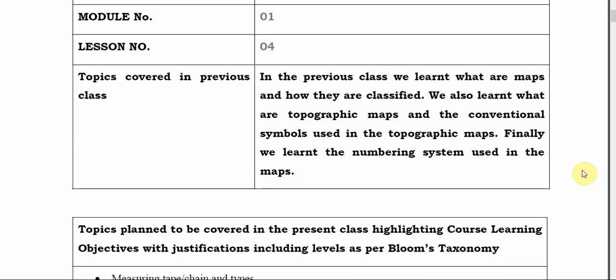So let us continue with today's topic, which is chain surveying or tape surveying.